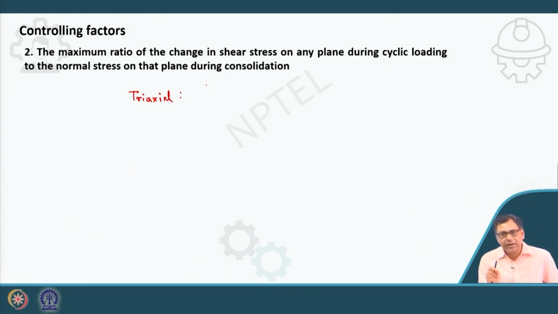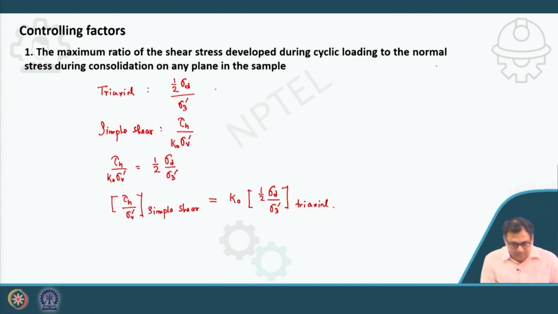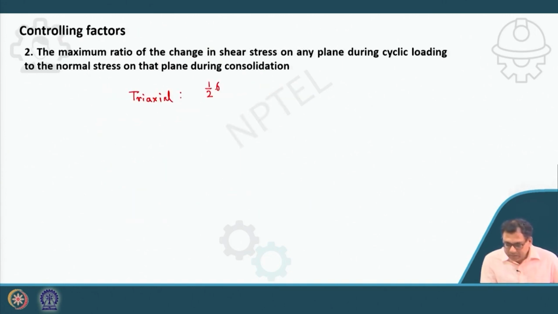So the change in shear stress will be half sigma d, on that plane divided by the normal stress acting on that plane during consolidation. So again the normal stress is sigma 3 bar or sigma 3 you can write.